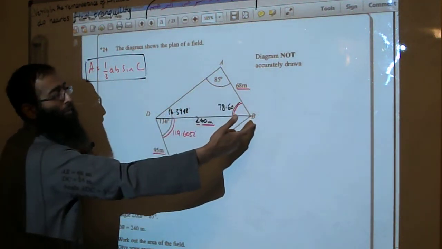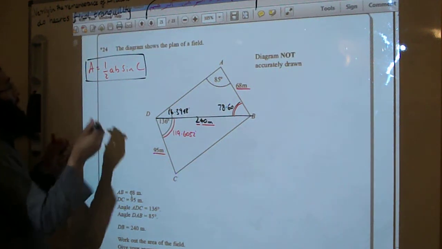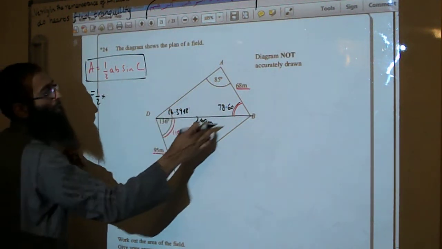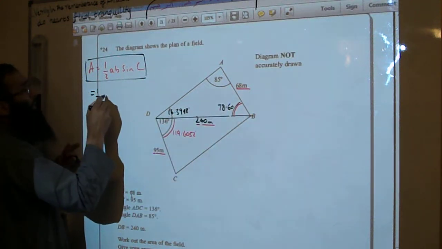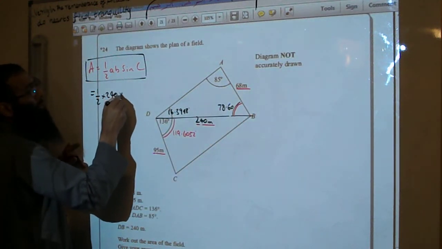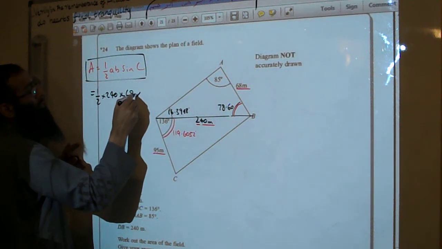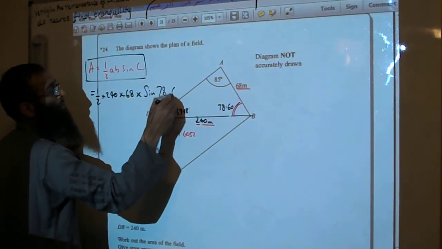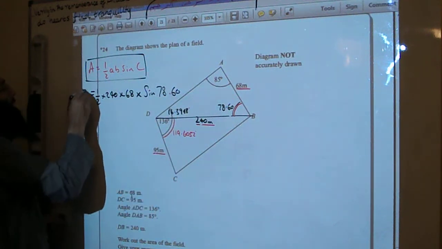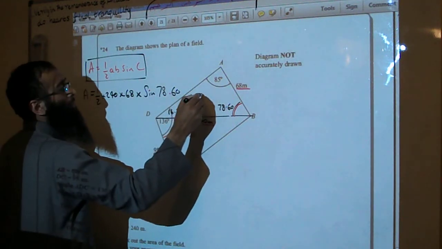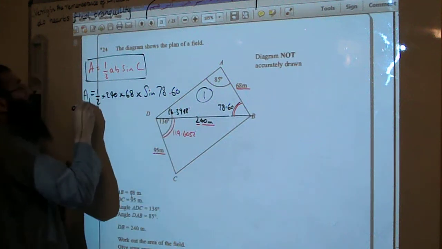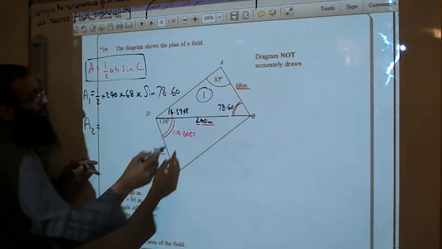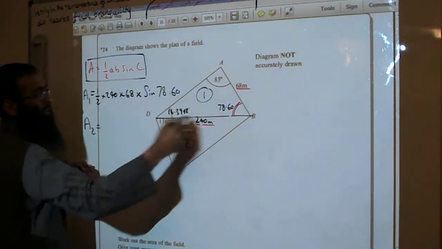We have half times the two sides, which are either side of the angle in any order, times the sin of the angle in between, and that will give me the area of the top triangle, area 1. And area 2 is equal to the same formula again for the second triangle on the bottom.